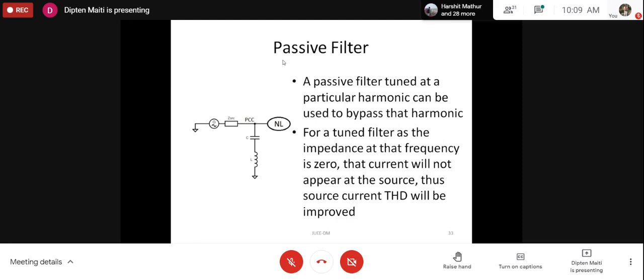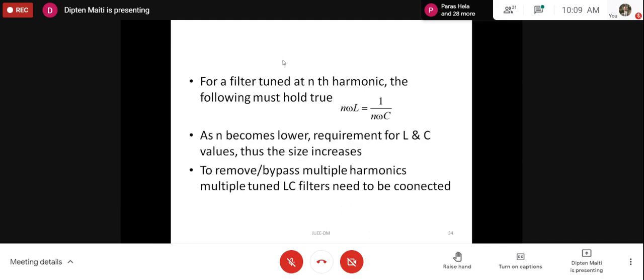So we would connect a passive filter in terms of this L and C such that it is tuned to a specific harmonic frequency. If it is tuned at the nth harmonic of the fundamental frequency, it would be tuned in such a way that n times omega L equals 1 by n omega C, the very popular known equation.